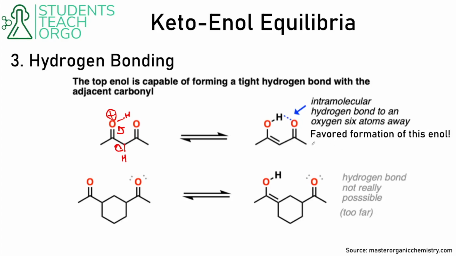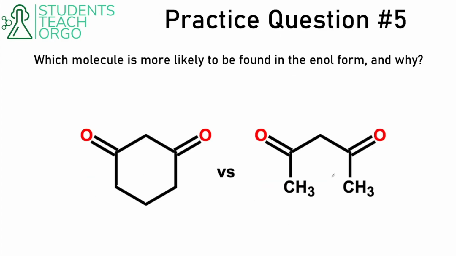And so the KEQ for this molecule would be much higher than it would be for this molecule, where in the enol form, it's just too far away for that hydrogen to interact with this oxygen. And so this is a trickier concept for them to test or quiz you on, but you'll still find it once in a while.